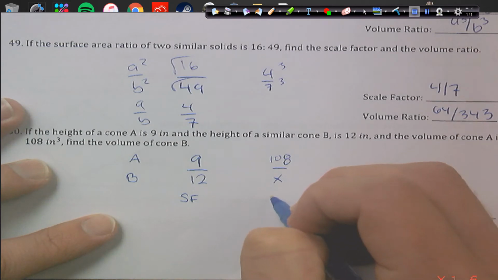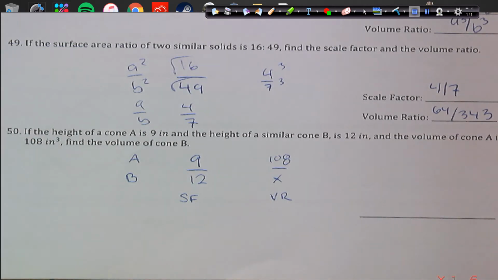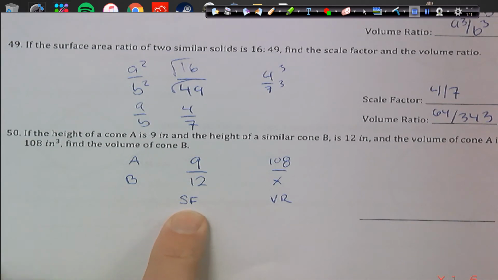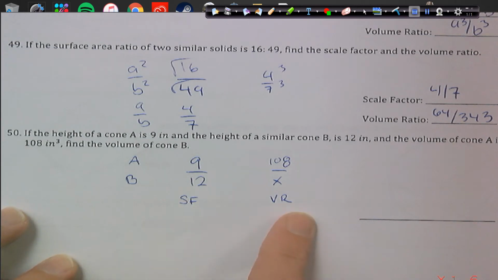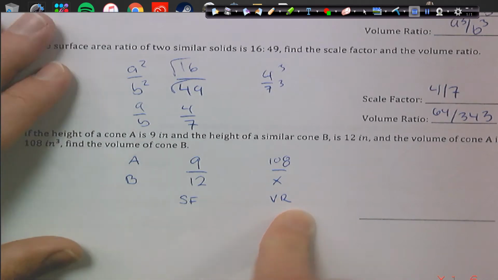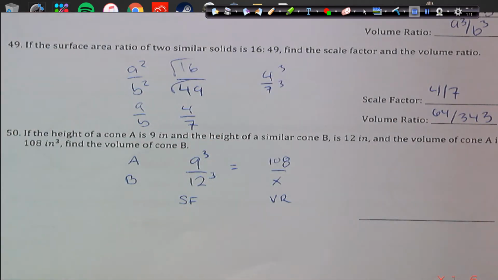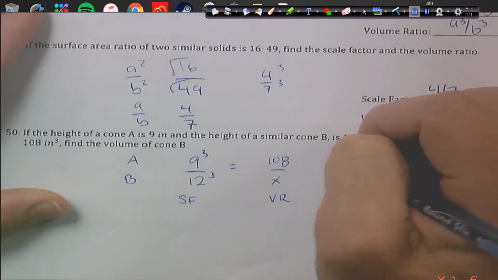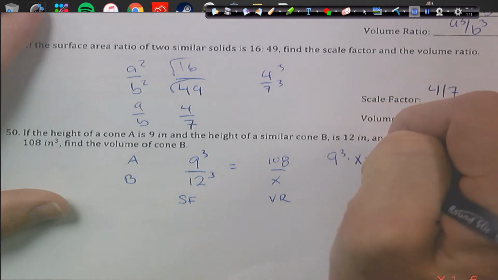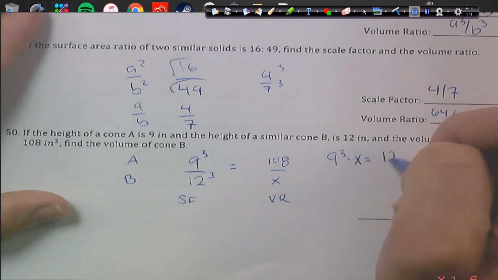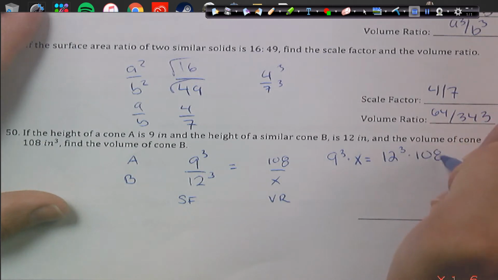Over here, we're talking about volume ratio. So right now, one's single, A B, and this one is A cubed, B cubed. So to keep them equal, we'd have to actually cube them and set them equal to each other. So this would be 9 cubed times x equals 12 cubed times 108.